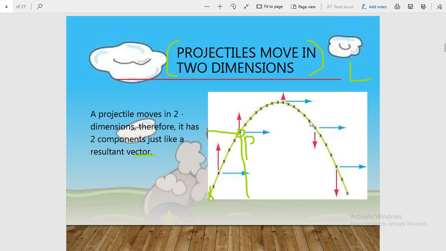Similarly, at each point of its motion we need at least two coordinates, x and y. If this particle is moving in the yz plane, then you need two coordinate axes, y and z, and similarly for zx. I hope you understand why it is considered two-dimensional motion: at any point, to explain its motion we need at least two coordinate axes, or two dimensions. So this is an example of motion in a plane, or two-dimensional motion.